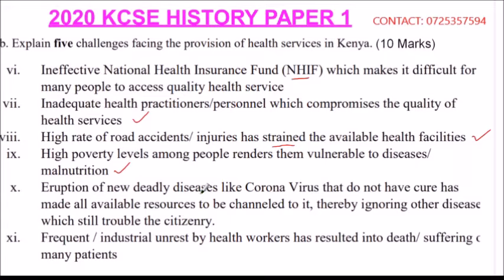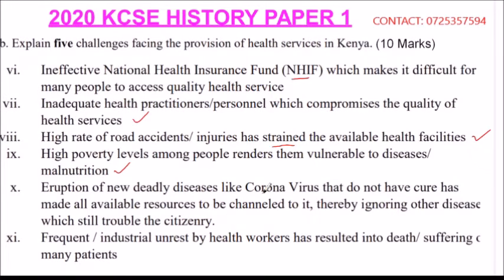The other one is the eruption of new deadly diseases like coronavirus that do not have a cure, which has made more available resources be channeled to it, thereby ignoring other diseases which will trouble the citizenry.